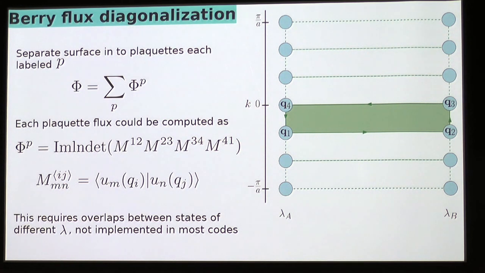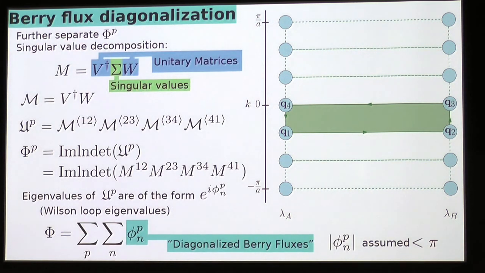So that's one way we could start separating this flux into a number of smaller contributions, but we're going to go a step further and separate each of these plaquette fluxes into a number of phases equal to the number of bands that are there. So we're going to perform a singular value decomposition, which factors each of these overlap matrices that correspond to the green arrows here into two unitary matrices and a real diagonal matrix of singular values.